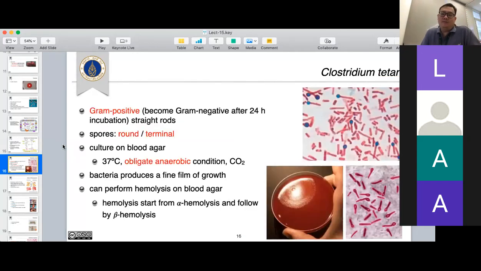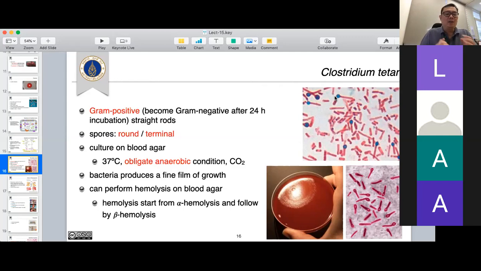For the bacterial cell, Clostridium is gram positive. But if you keep the culture longer than a day, and then you stain the old culture, you probably get gram negative. Clostridium can be gram variable and change from positive to negative. Spore is very round and present in the terminal, the edge of the cell.